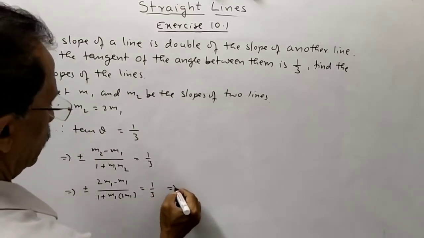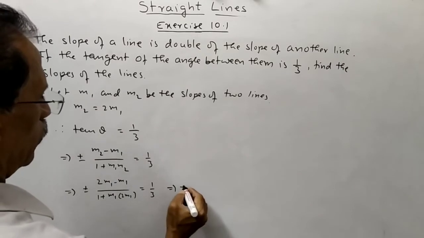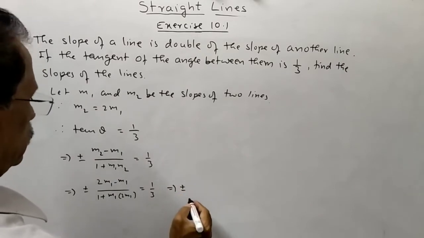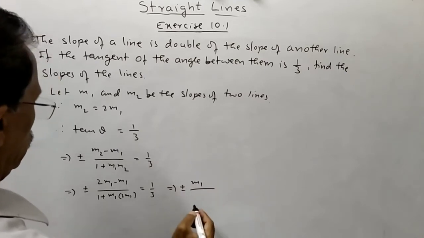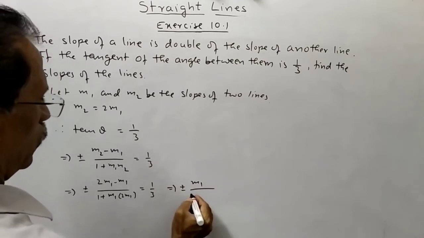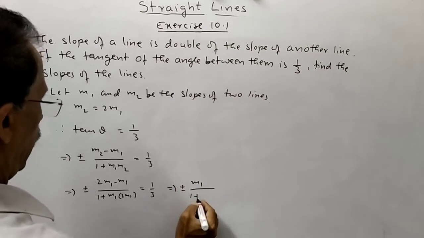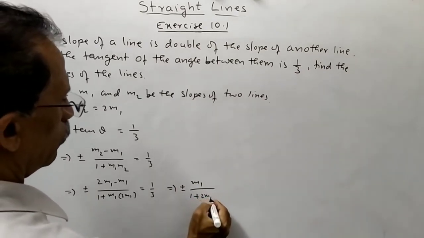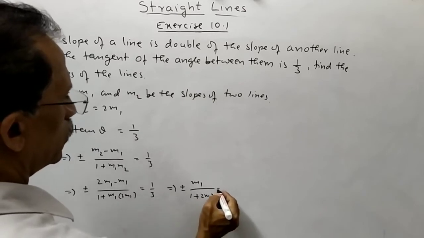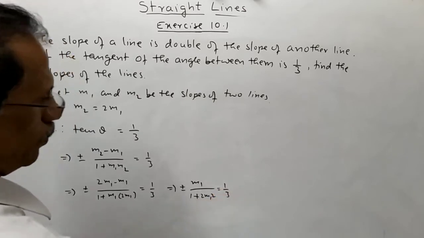This implies plus or minus m1 divided by (1 plus 2m1 square) is equal to 1 by 3.